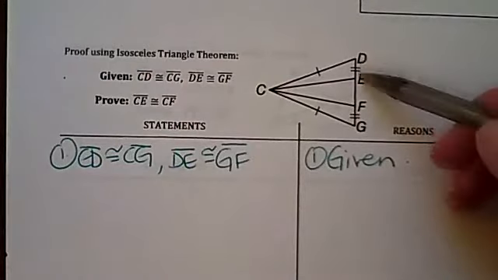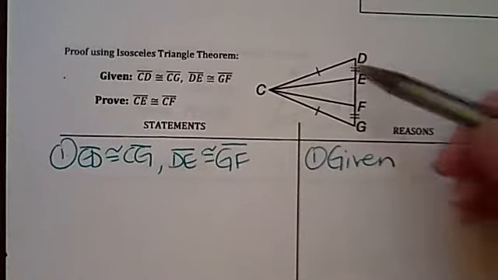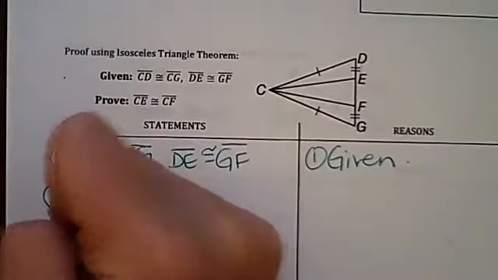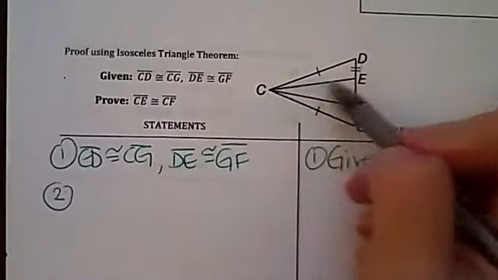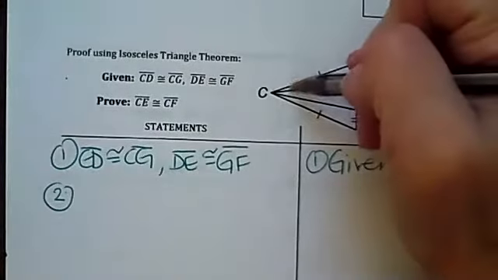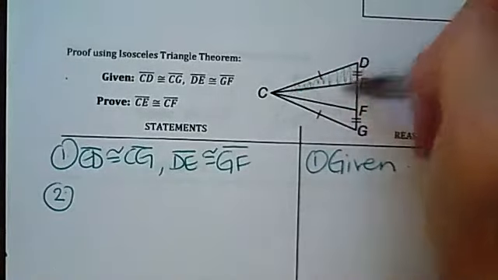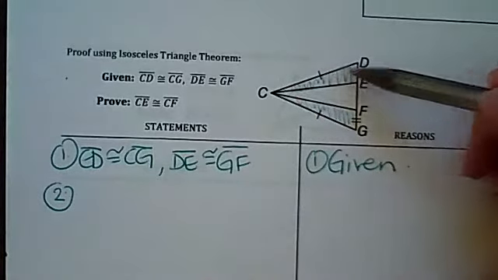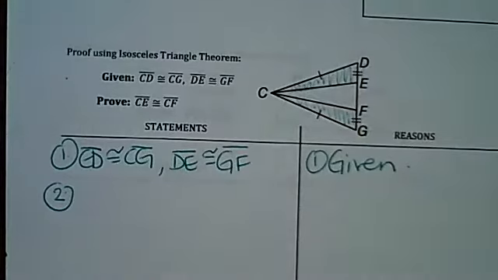So we're being asked to prove that CE and CF are congruent, which means we would have to show that some triangles are congruent first. My guess is that we're going to have to show that these triangles are congruent, this one and this one. The reason I say that is because they already both have two pairs of sides marked. So chances are those are the ones we're going to be able to do.